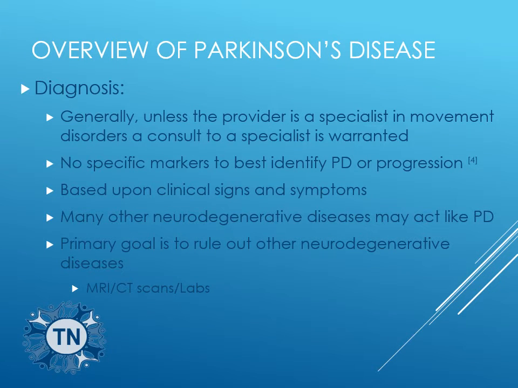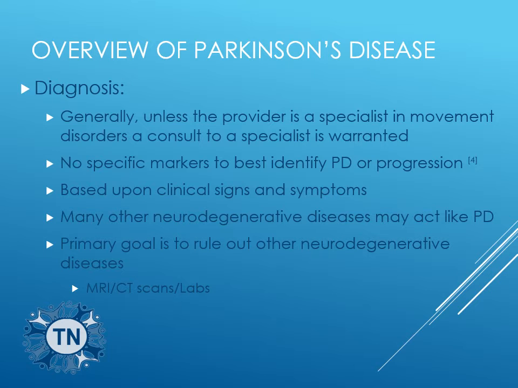Now, as we come to the diagnosis portion of Parkinson's disease, oftentimes, unless the practitioner is a specialist in movement disorders, a consult to a neuro specialist is warranted. There are no specific markers to best identify Parkinson's disease or progression. It is mainly based on clinical signs and symptoms.